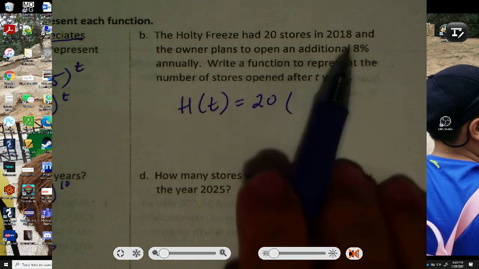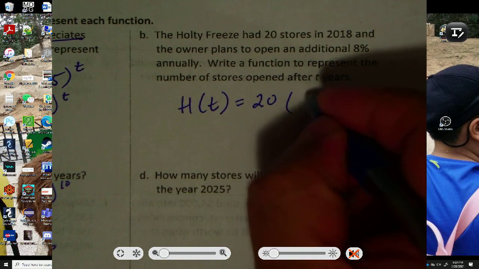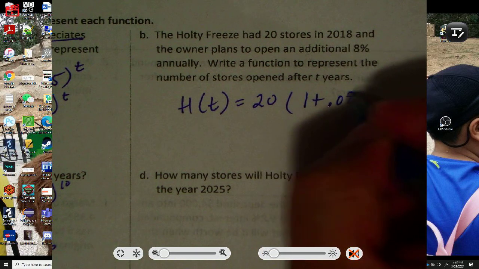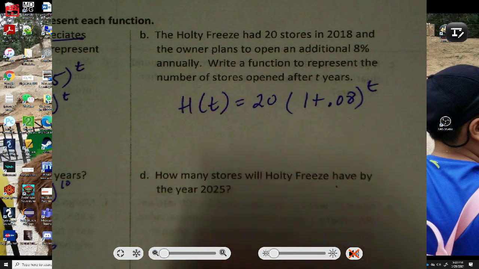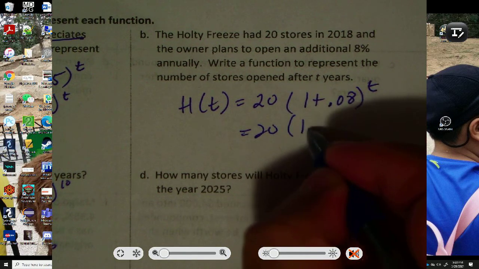And we're growing, we're opening additional stores, it's 8%. Remember to change it to a decimal, so it's 1.08, and our exponent of t. So there is our formula. Of course, you don't have to leave it 1 plus 0.08, you can write 1.08.